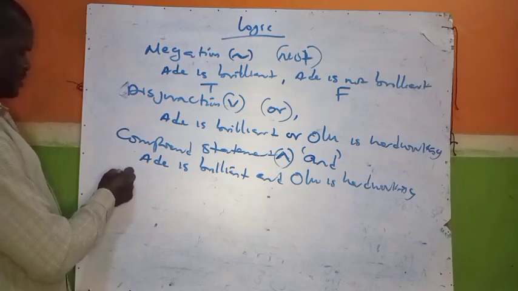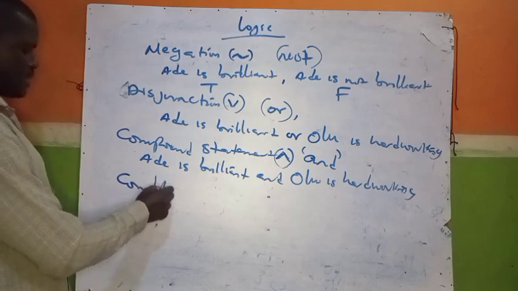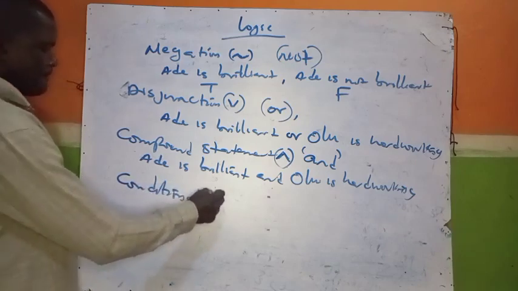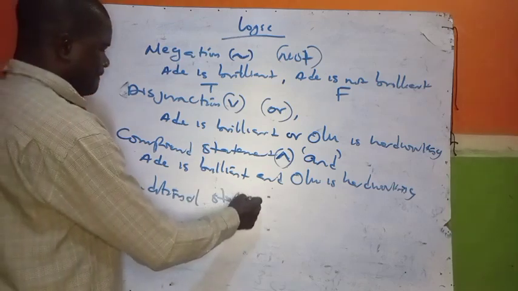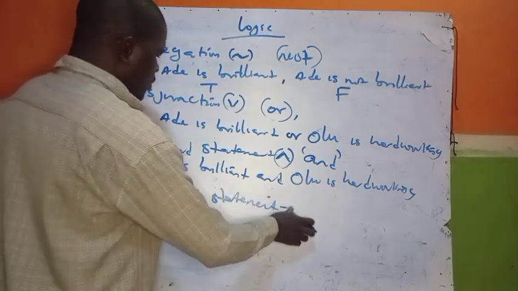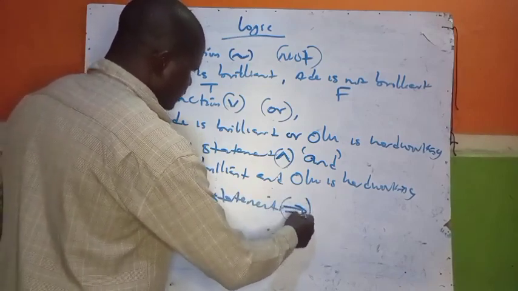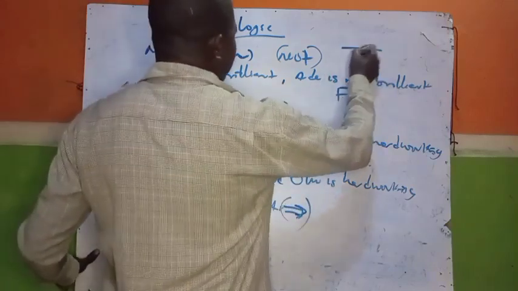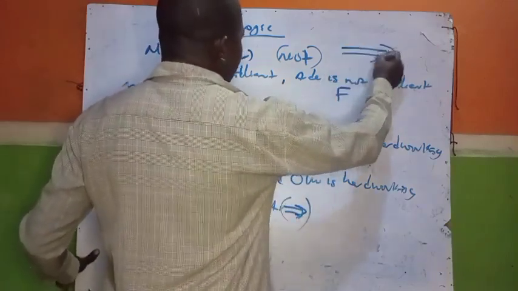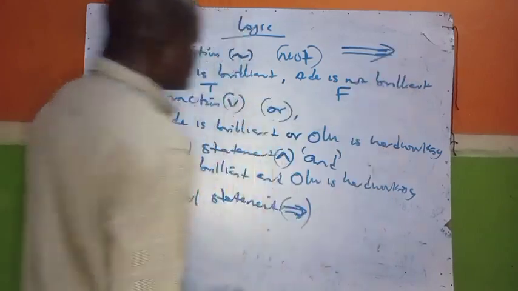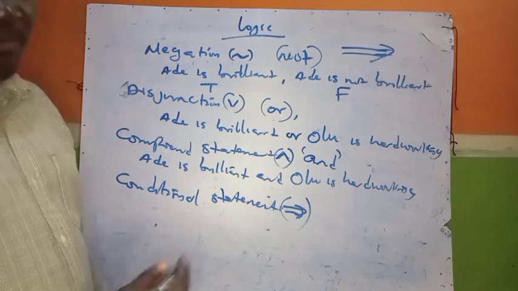Another one, you have conditional statements. The symbol is an arrow like this, and we call it "implies."